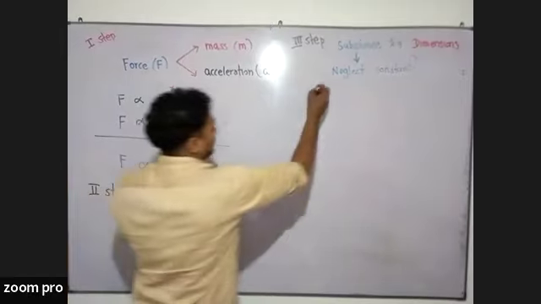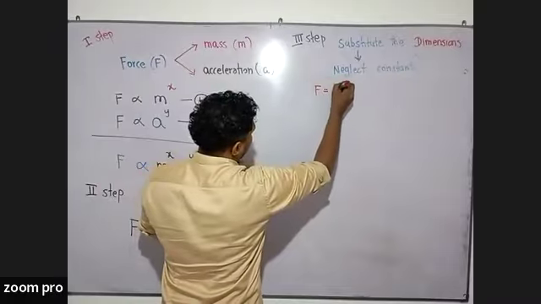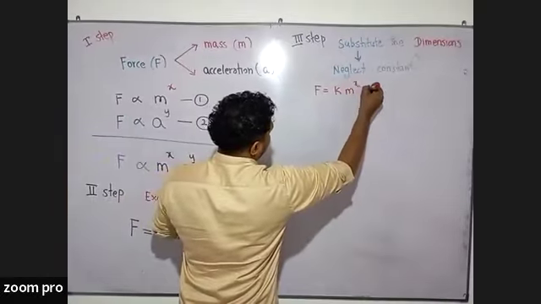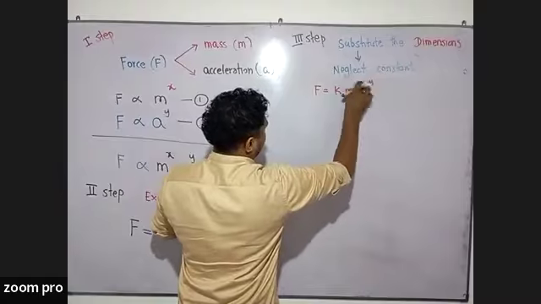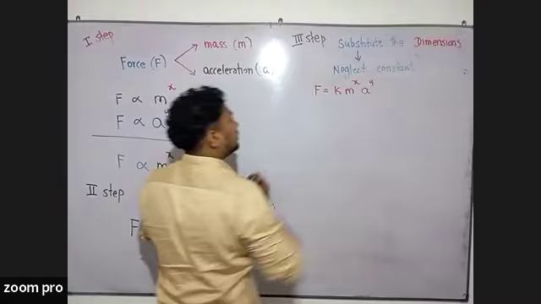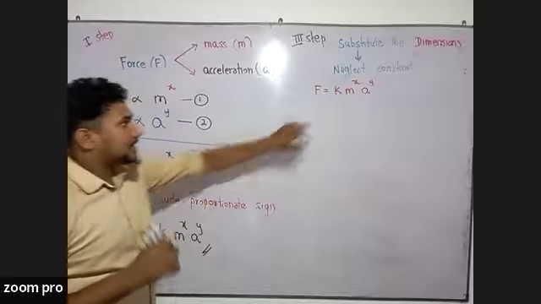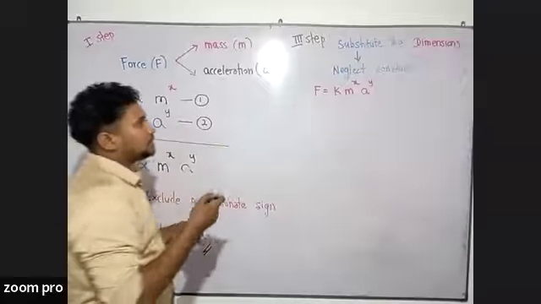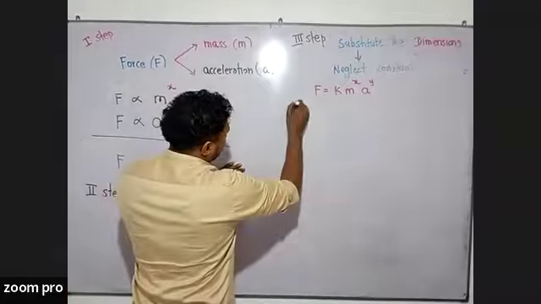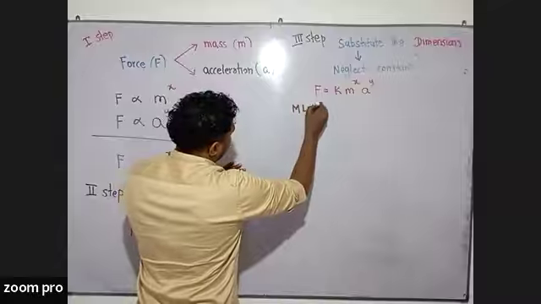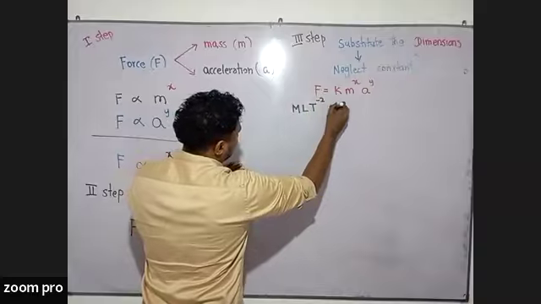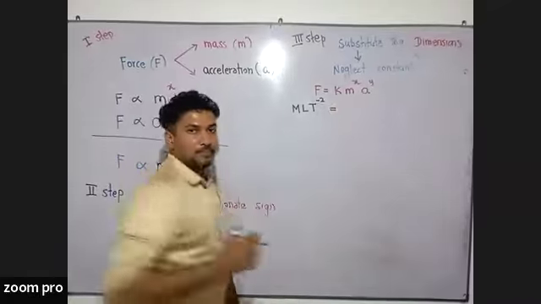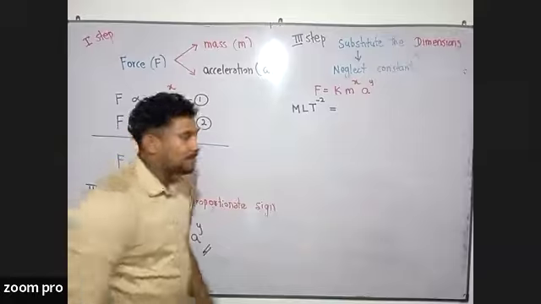Okay, now this is the obtained equation: F equals k M to the power of X and A to the power of Y, right? Just substitute the physical quantities except the constant. F represents the force, so guys, what is the dimension of force? That is M L T to the power of minus 2, neglecting the constant. Then M represents the mass, so what is the dimension of mass?